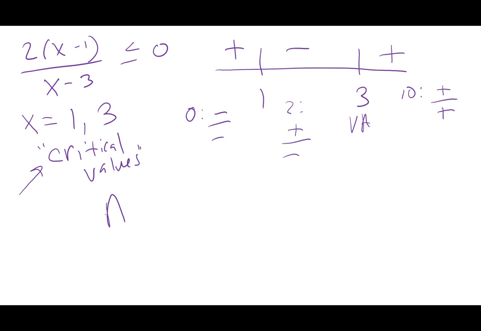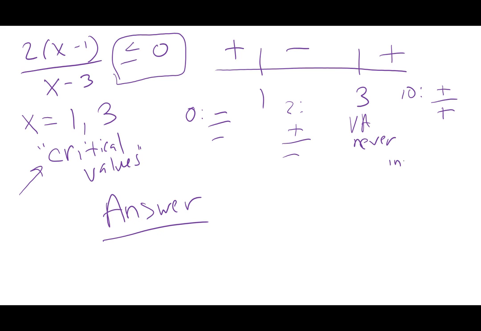So now in terms of finding the answer, you are trying to tell me where the graph is less than or equal to 0, but keep in mind, you can never include a vertical asymptote. So if I want to know where the graph is less than or equal to 0, I'm going to start at 1, and I'm actually going to include 1 because of the fact that it's an equal to.